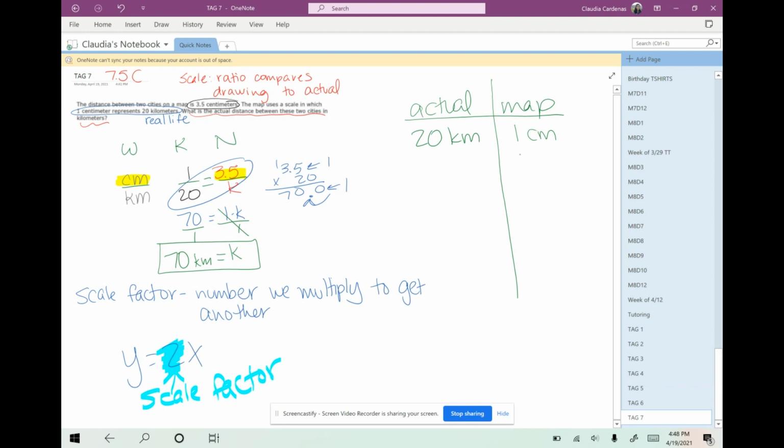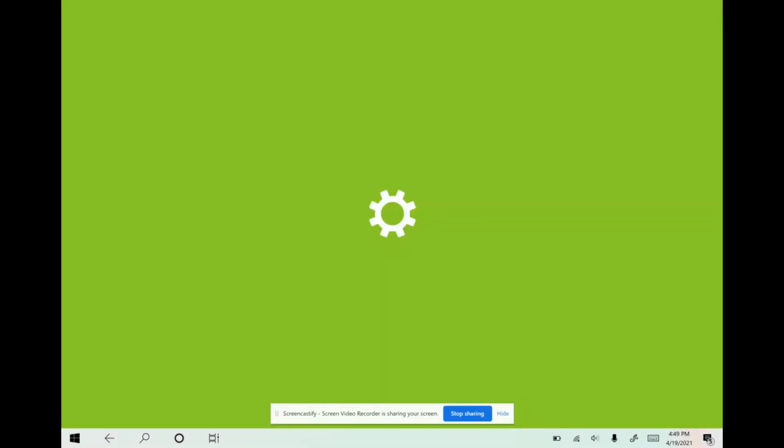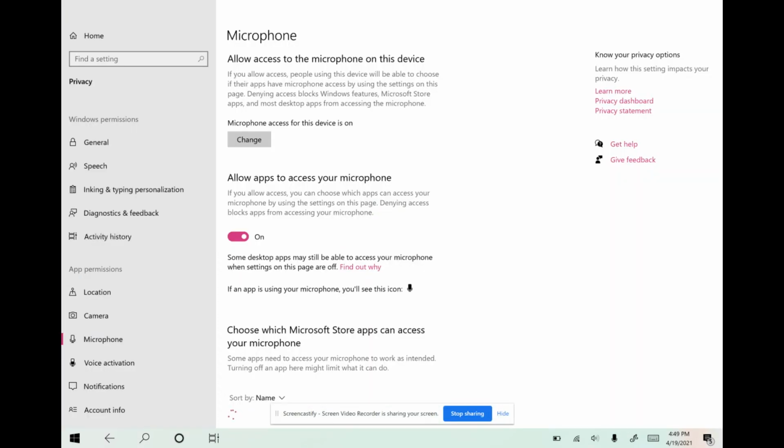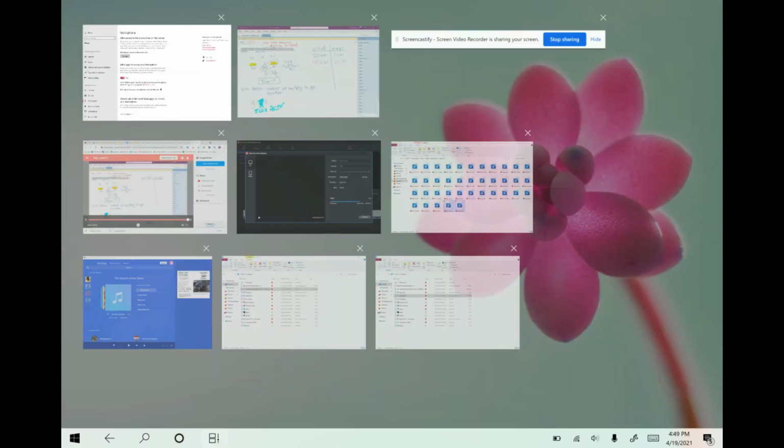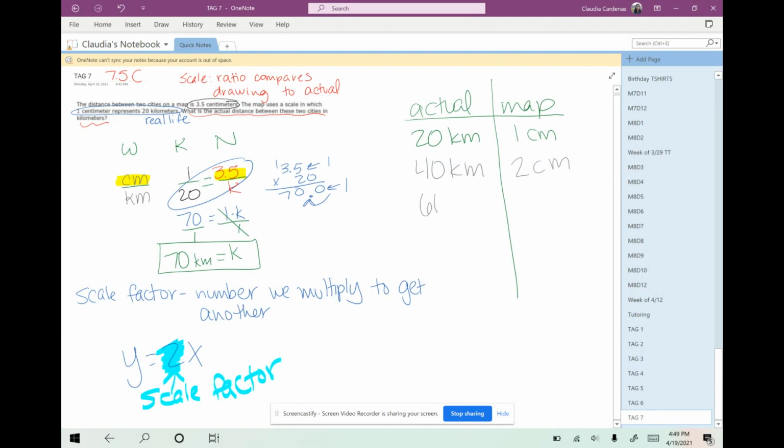If I added another centimeter, that would be 2, so I would have to add another 20 kilometers to get 40.